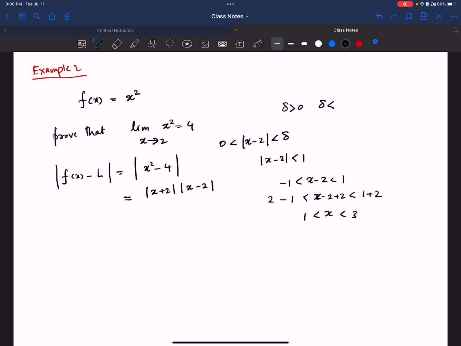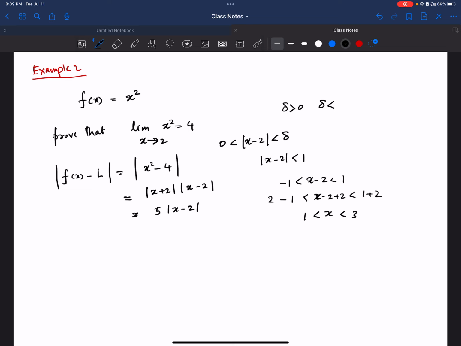So x can vary between 1 and 3. So the maximum value that x plus 2 can get is 5, right? So this is the magnitude of x minus 2 times 5.